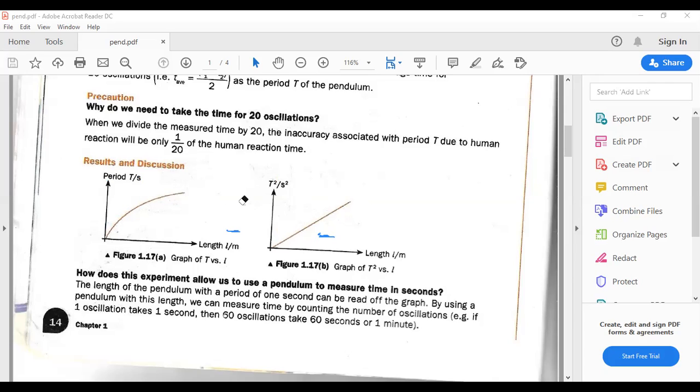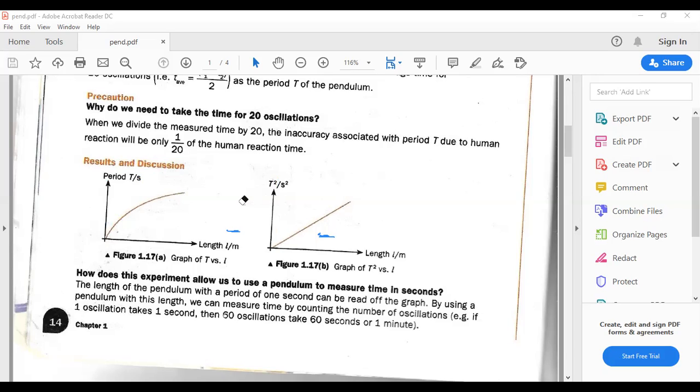Okay. Now my question is, when you are conducting an experiment, what things should we consider, or what are the precautions we need to take when conducting this experiment? That there are no errors.